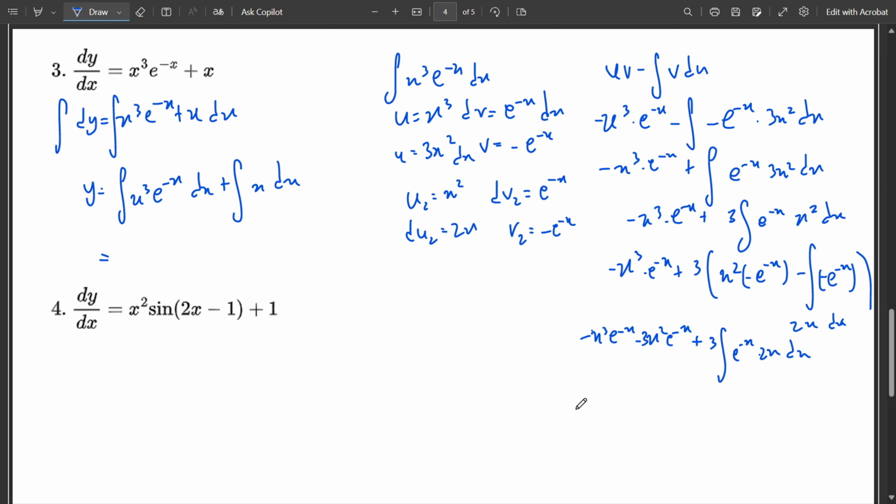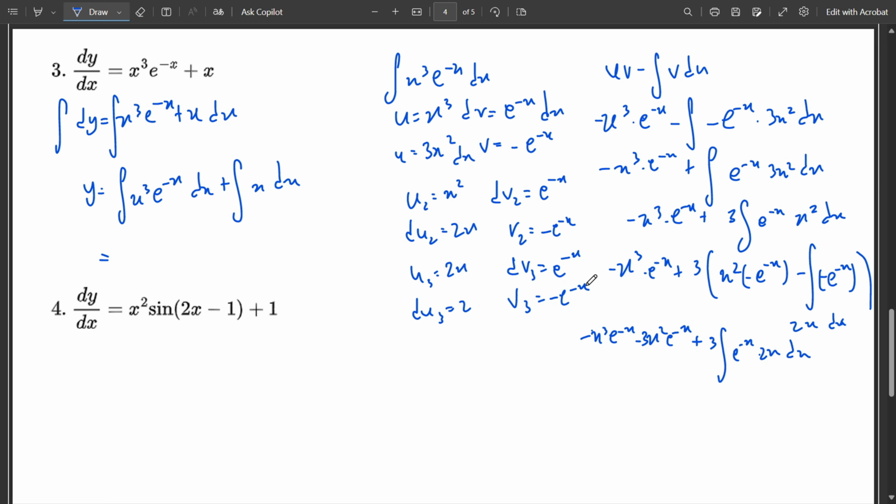And let's see. So we have minus, yeah, this is correct, plus 3 times the integral. Okay, we have another substitution. So we have u3 equals 2x, and du3 equals 2, dv3 equals e to the negative x, and the same v. v3 equals negative e to the negative x.